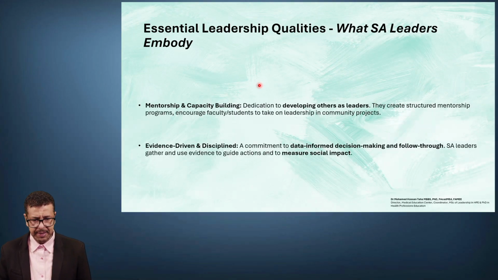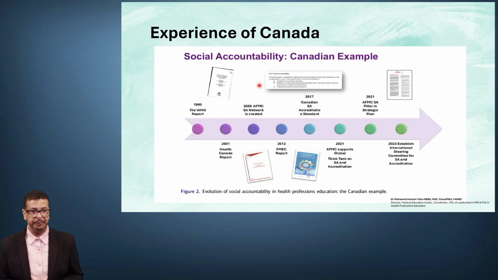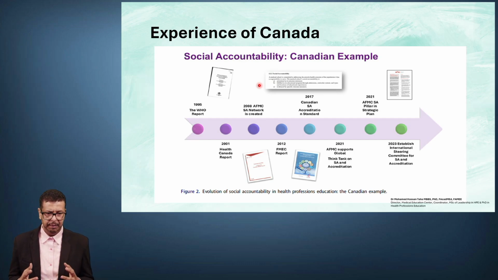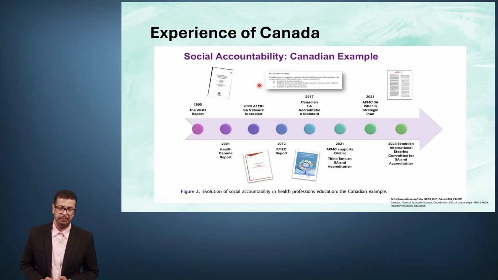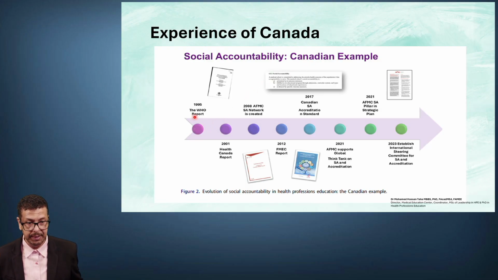And one of the successful countries across the world is Canada, which can be used as a good example of advancing social accountability. As you can see here, from the report on social accountability in 1995 onward, you can see all their efforts.